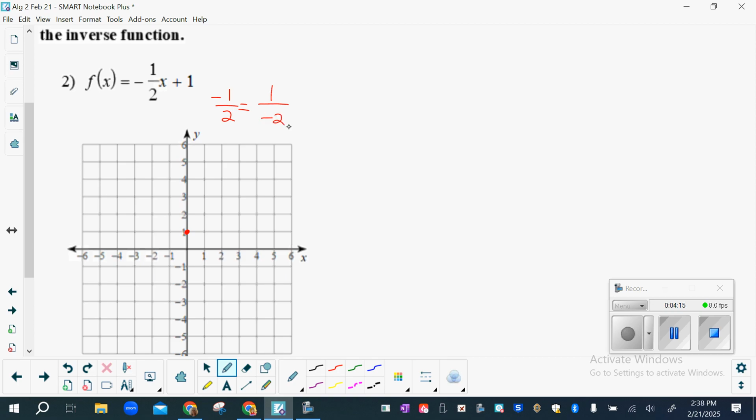Yes, you can. Could I put the negative on the top and the bottom? No, that's bad, because that would make it positive. So on the top or the bottom. We're either going to go up 1, left 2, or down 1, right 2. Okay, use your ruler now to graph that line on your paper, please.